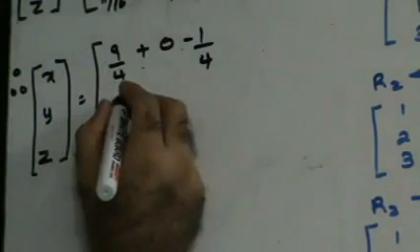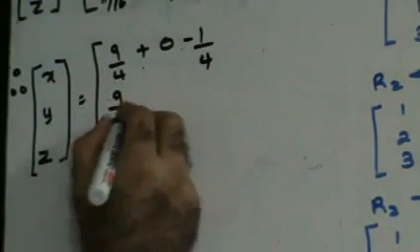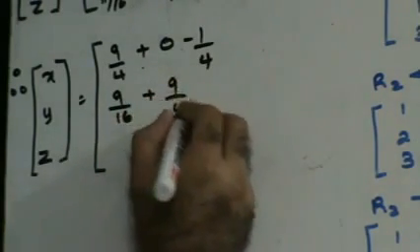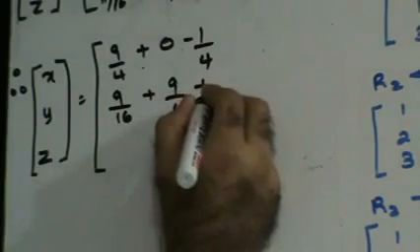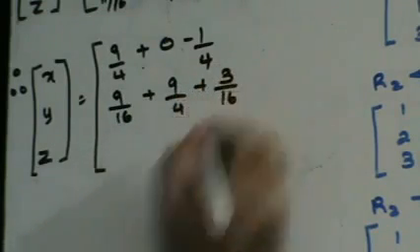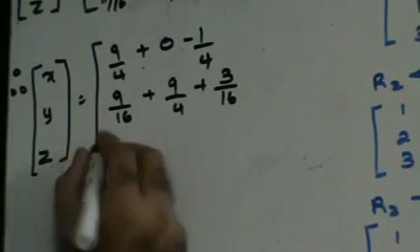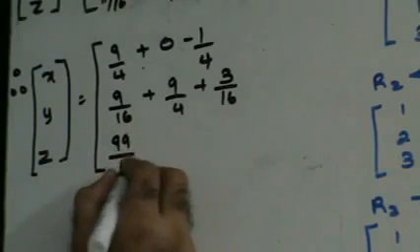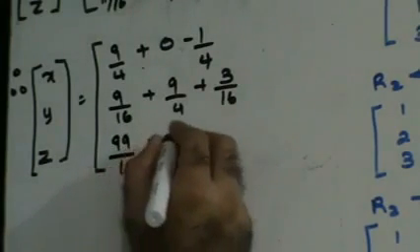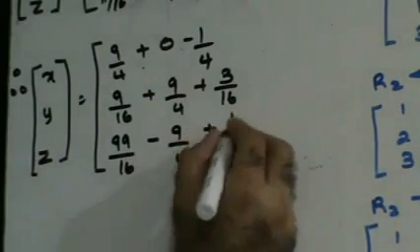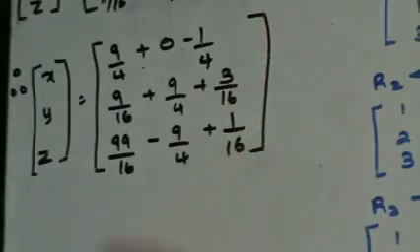This is going to be 1 by 16 into 9. That's 9 by 16 plus 9 by 4 minus into minus plus 3 by 16. Now third row into first column. That is going to be 11 nines are 99 by 16 minus 9 by 4 minus into minus plus 1 by 16, right?